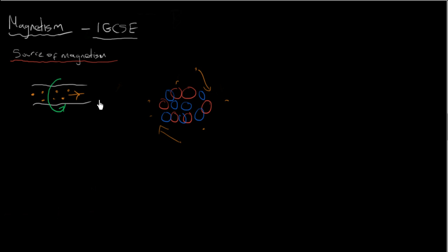In the same way as here, when you have a flowing charge you produce a magnetic field, these electrons that are going around the atom will also produce magnetic effects. They're traveling in space and not inside of a wire, but they're still moving charge and they're producing magnetic effects.